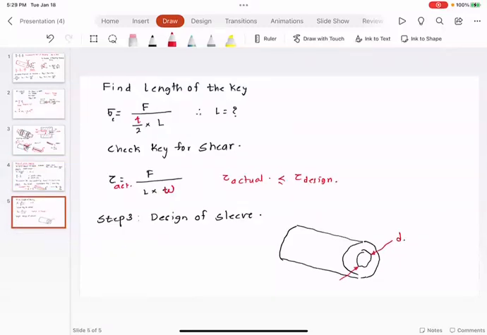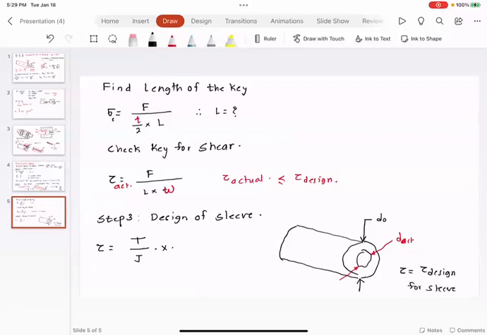And what we want to find out is the D outside. So tau is equal to T divided by J multiplied by R. And this tau is the design strength, so this is tau design for sleeve. This is very important.